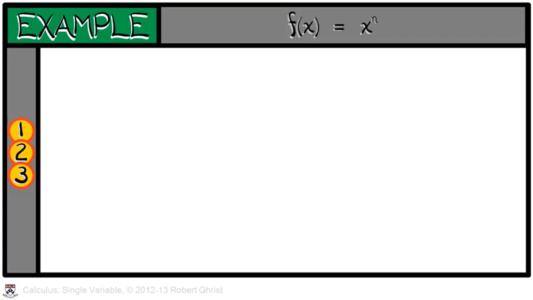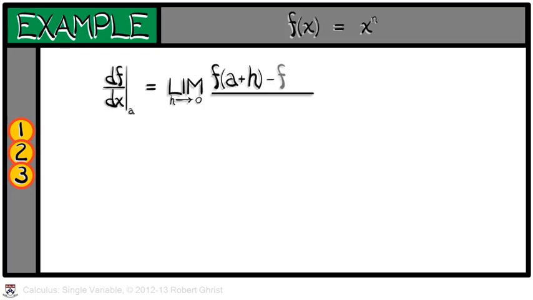The simplest one I can think of is f of x equals x to the n for some positive integer n. In this case, the first two definitions of the derivative of f at a are of the form limit as h goes to 0, f at a plus h minus f at a all over h. Knowing that f is really raising to the nth power allows us to simplify a bit.